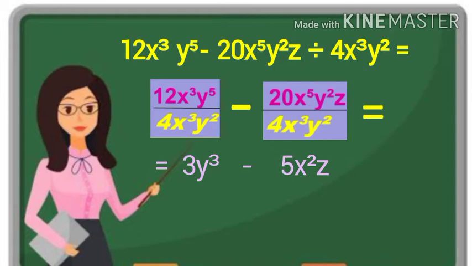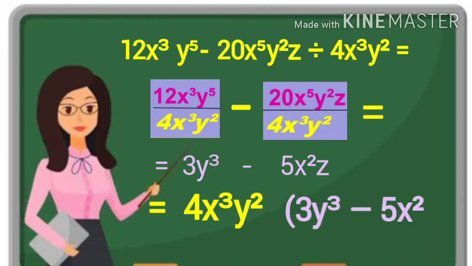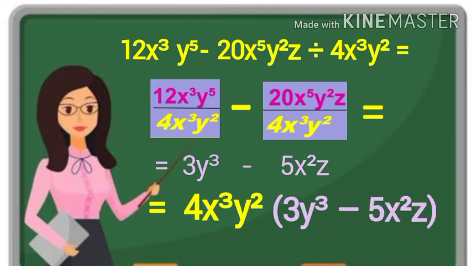Next, let's combine the GCF and the quotient by using the parentheses. So, the factored form of the polynomial 12x cubed y to the fifth power minus 20x to the fifth power y squared z is 4x cubed y squared quantity 3y cubed minus 5x squared z.